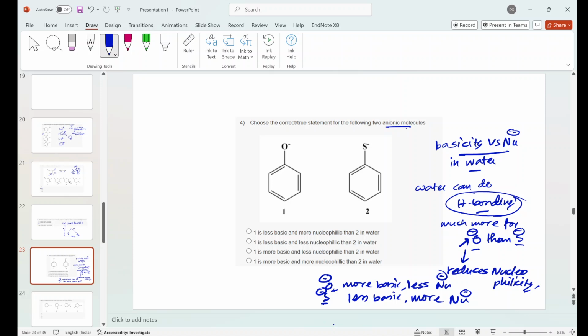So let's check out the options. One is less basic and more nucleophilic. No, it is more basic. One is more basic and less nucleophilic than 2 in water. Yes, this will be the right option.